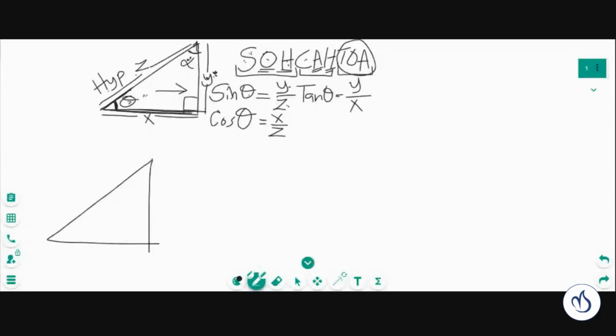Now Pythagoras tells us that if this is my longest side z, and these are my shorter sides y and x, there is a simple relationship between these sides.